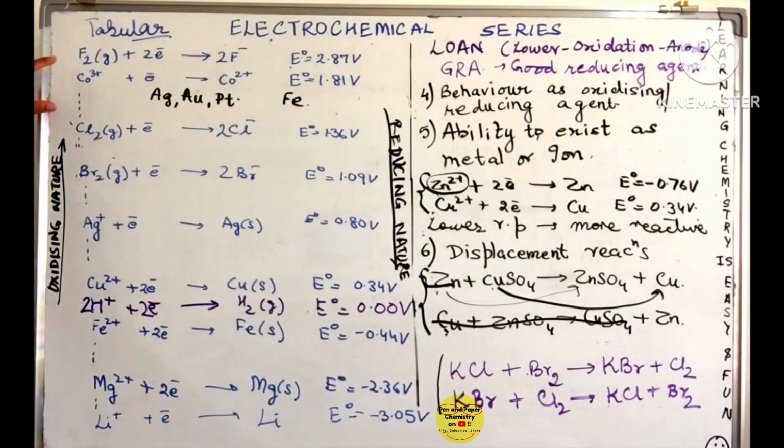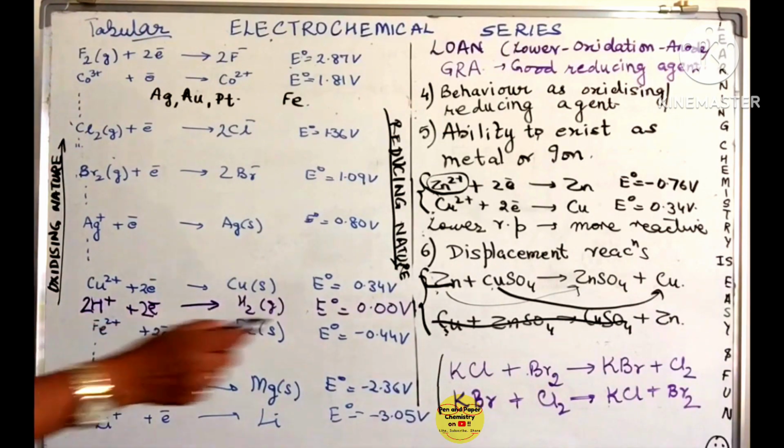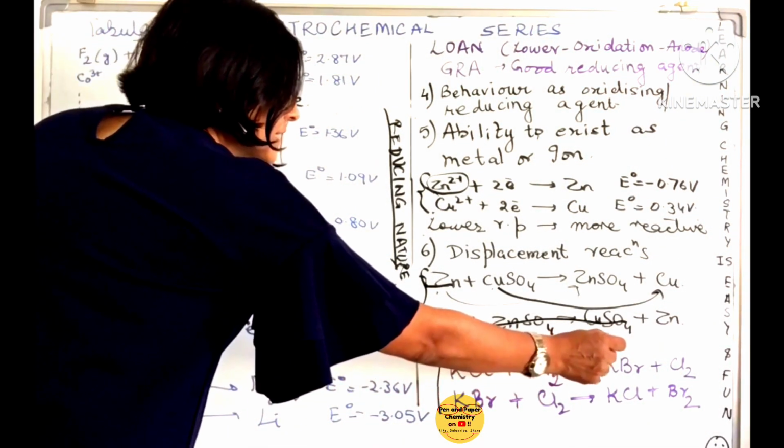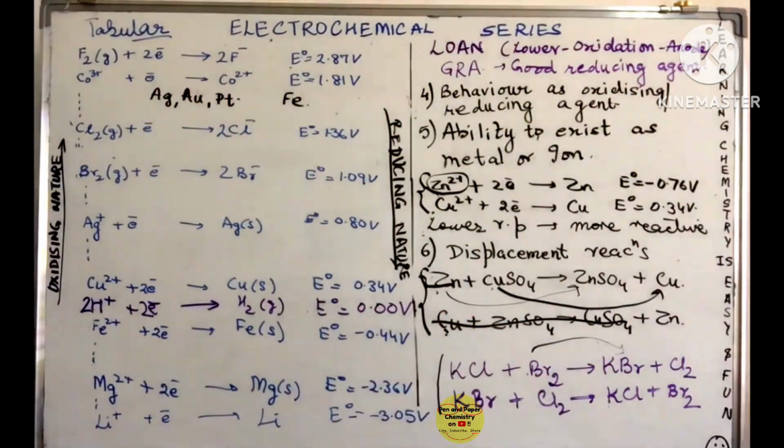Look at the reduction potentials. Notice over here, bromine is turning into Br negative, so bromine is getting reduced. So which one will displace? Will chlorine displace bromine, or bromine displace chlorine? Perfect.